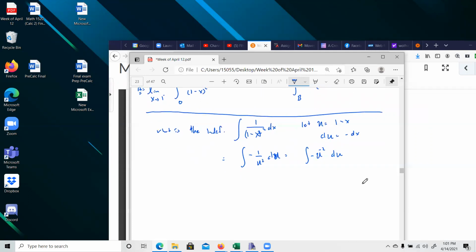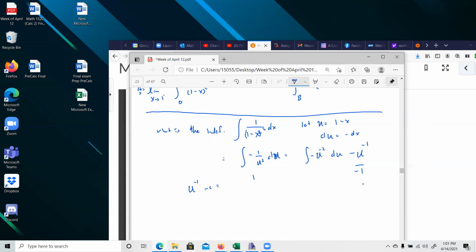Now, regular power rule, right? So we're just going to have negative u to the negative 1 divided by negative 1. This cancels, so this is just going to be u to the negative 1. Technically plus c, but we're going to put limits in here in a minute. So we're just worried about this part here. We're not trying to deal with anything else.